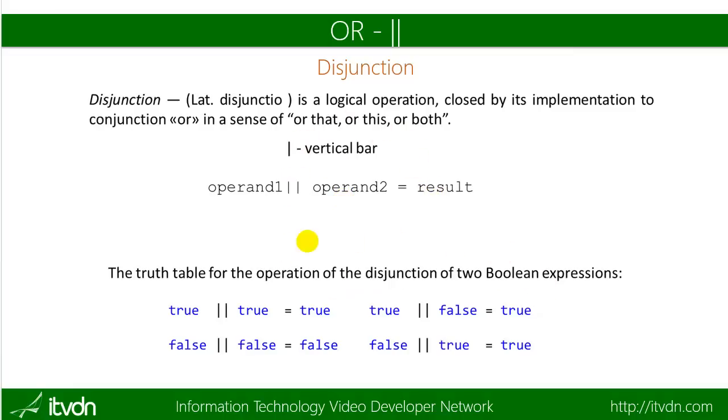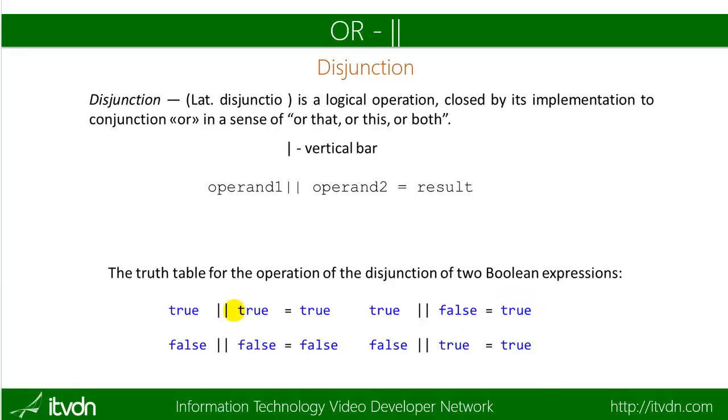So here we have the table of truth for disjunction. True or true? We have true. False or false? False. True or false? True. False or true? True. What do you notice here? Do you notice that in disjunction, one of them can be true and your result will be true?